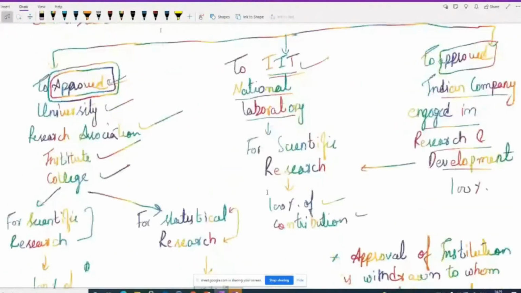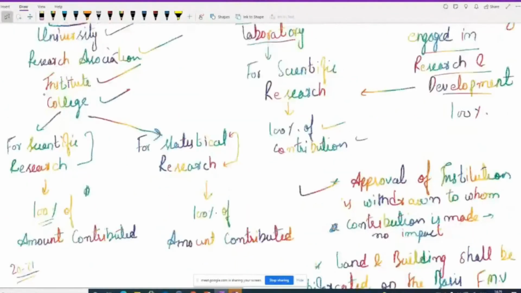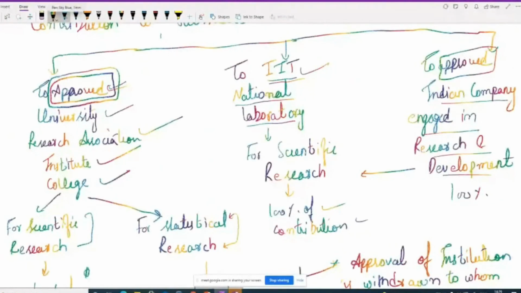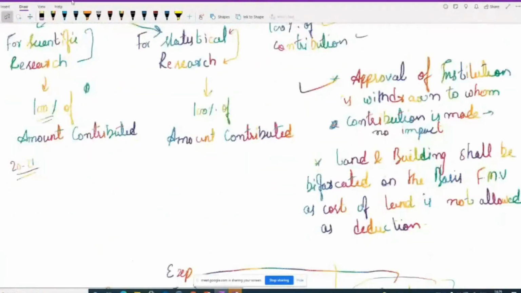Okay, but here you have to remember two important points. In case of contribution to an outsider, what if the approval of the institution to whom the contribution is made is withdrawn? For example, if your company has given 2 crore rupees to any approved college of the Sikkim government, so now you should get a deduction for that.